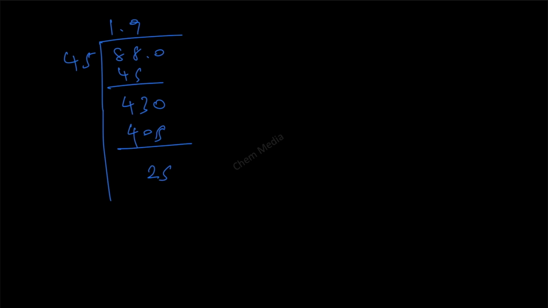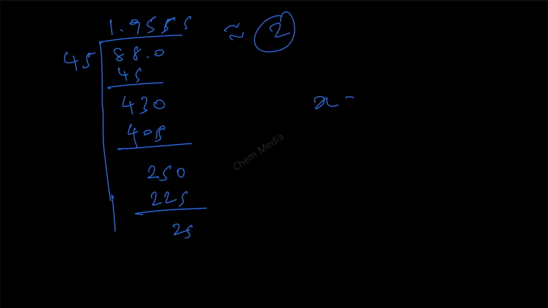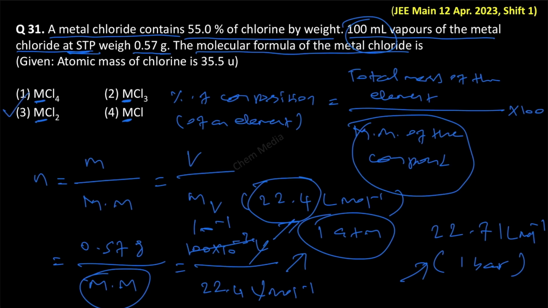We once again can't divide. So, put a 0. Now, we can do it 5 times. So, 5 times 45 will be 225, remaining 25. So, this will keep going. So, 1.9555, which we are approximately going to take as 2. So, therefore, the X value is 2. This means option 3 is correct. We have 2 chlorine atoms. Therefore, MCl2 is the correct answer here.